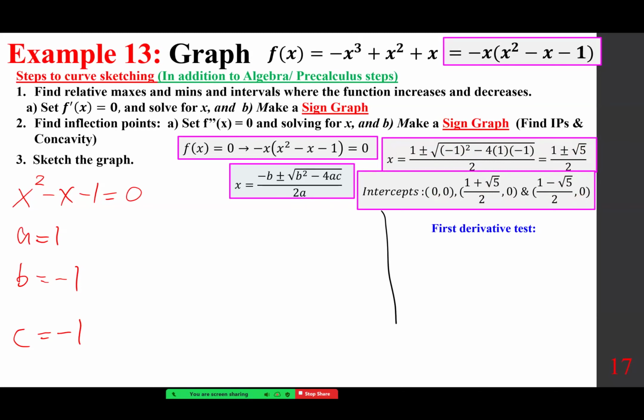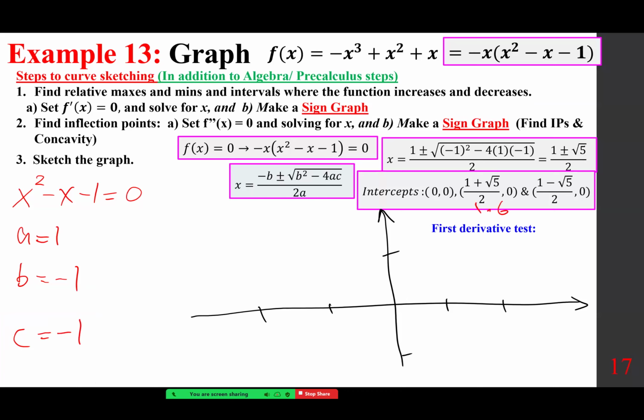Let's graph. To do so, square root of 5 is about 2.2 and plus 1 is 3.2. Roughly divided by 2 is 1.6. I do that for the sake of the graph.